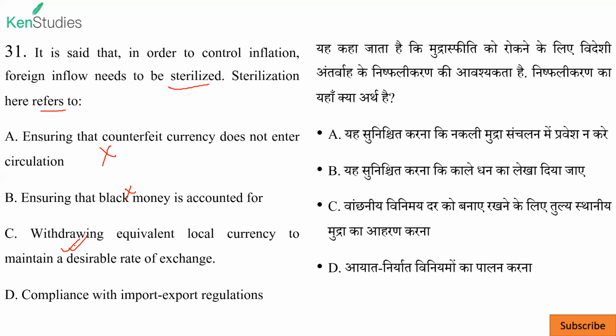For example, if foreigners are bringing more money and your money is also in more circulation, then inflation will rise. If there is less Indian rupee, then the foreign investor will have to pay a higher dollar amount. That's why it will be discouraged. So C is the correct answer.